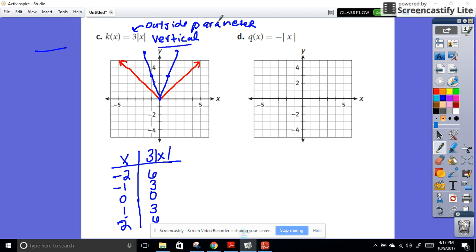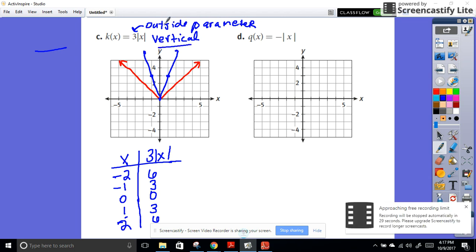It's an outside multiplication. And I'm running out of time again. And since it's multiplication, it's not going to be a shift, but it's going to be either a stretch. In this case, it's a stretch. Or in some cases, it's going to be a compression. Okay, I got to stop.